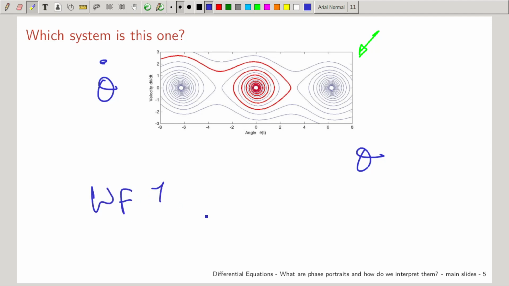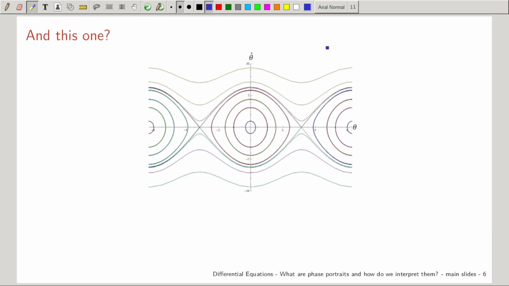With friction, without friction, or you do not know? It collapses somewhere, and at a certain point, theta dot goes to 0. True? If theta dot goes to 0, it means that I'm losing energy. True? Together? This one, what is it? Pendulum with friction.